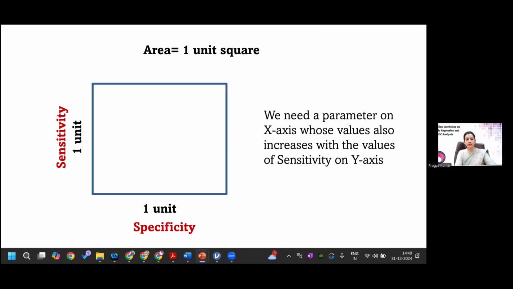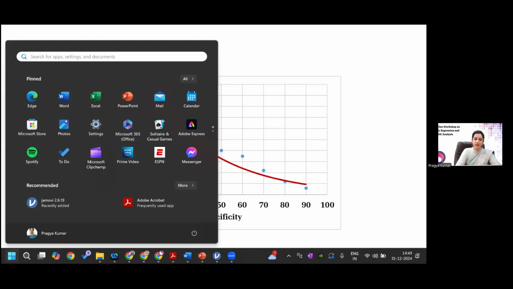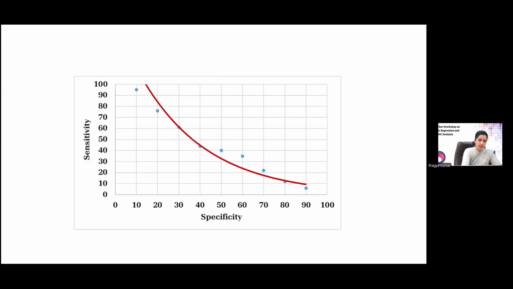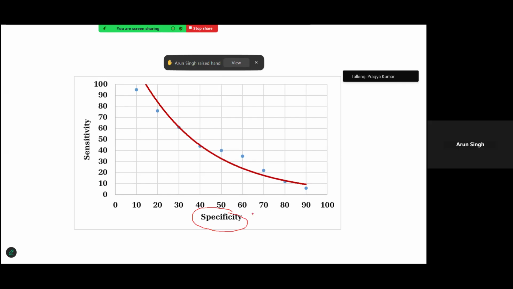That's what I explained. If you just have the specificity, I was telling you that only. Here in this graph, it is not 1 minus specificity, it is specificity on the x-axis, right? Can you see? Yes.